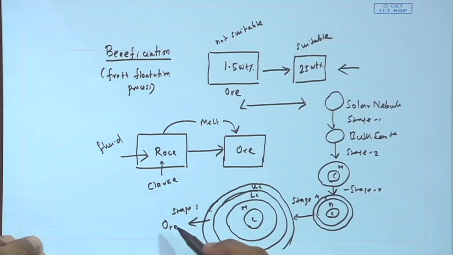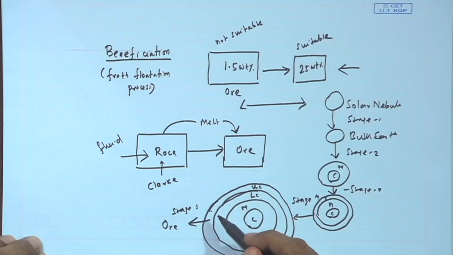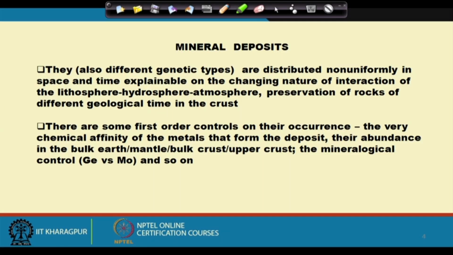So, there can be just one stage of enrichment or multiple stages of enrichment, depending on what is the abundance of that particular metal in the upper crust and what is the enrichment factor that it would require. And also we discussed that the availability of any particular metal in the quantity that we have is essentially controlled by fundamental parameters, like whether they are present in their discrete mineral phase or not.